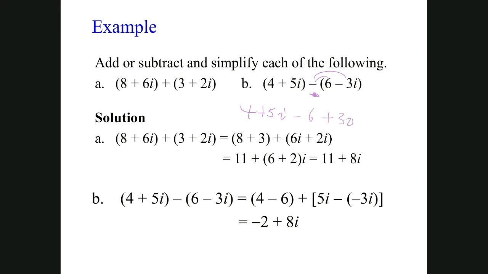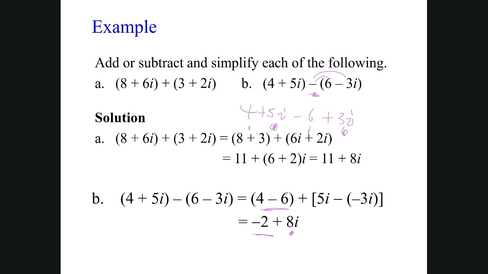So I like to get rid of parentheses first. So minus 6, and then the negative becomes positive. Now we add 4 and negative 6 together, and you get negative 2, right? And then we have 5i plus 3i, you get 8i in here.